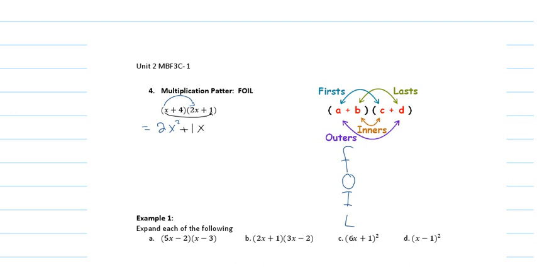Now it's the turn for the 4 to be multiplied by the two terms. What would be my inner? Because after outer comes the inner. The 4 and the 2x. So I multiply the 4 and the 2x, and that's going to give me 8x.